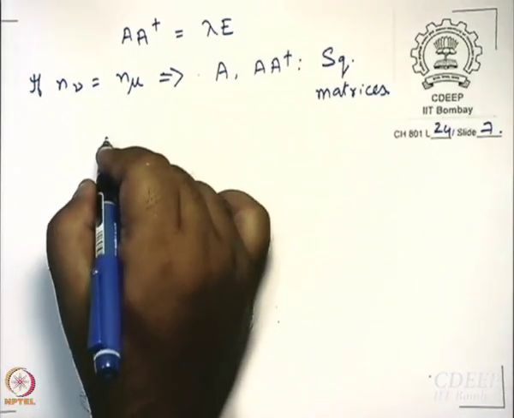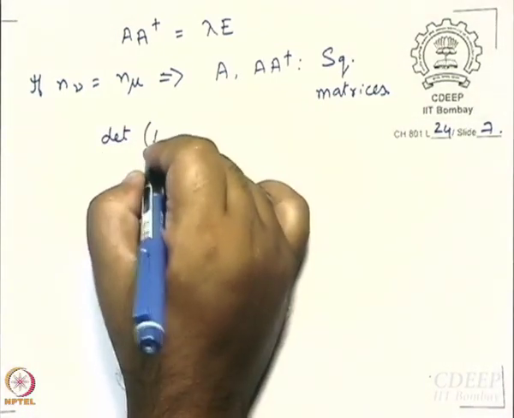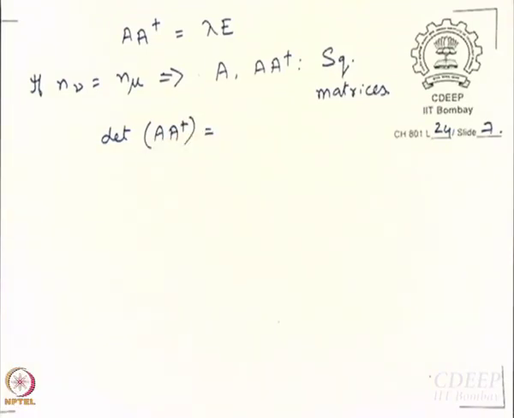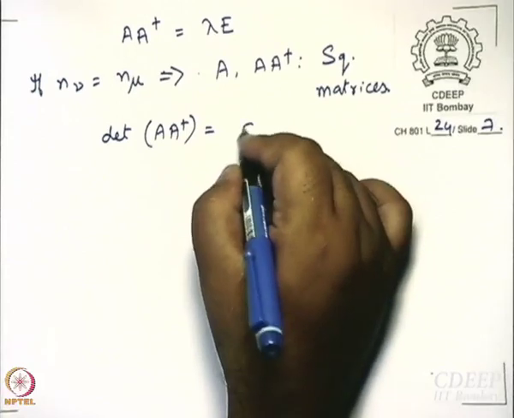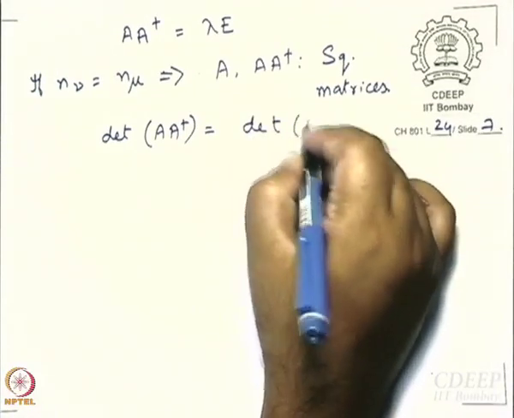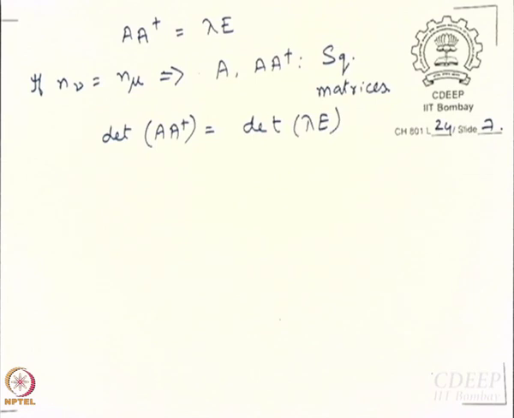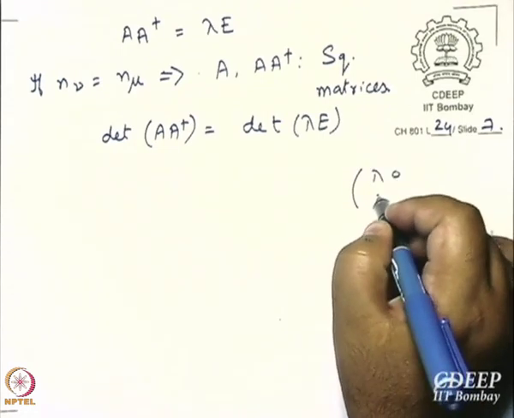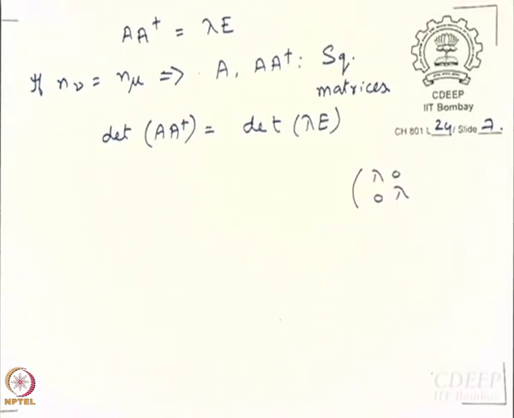So what then is det A dagger? I'll make your job a little simpler. Det lambda E, let us talk about a 2 by 2 matrix, lambda square.